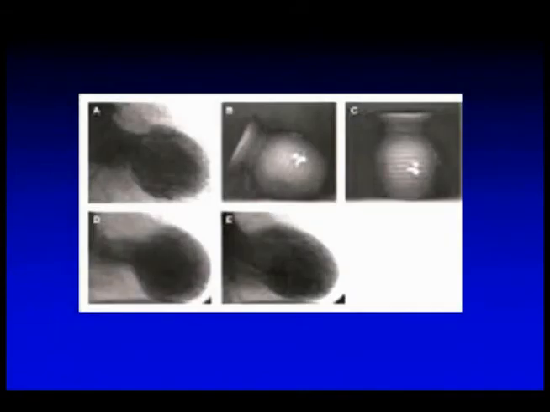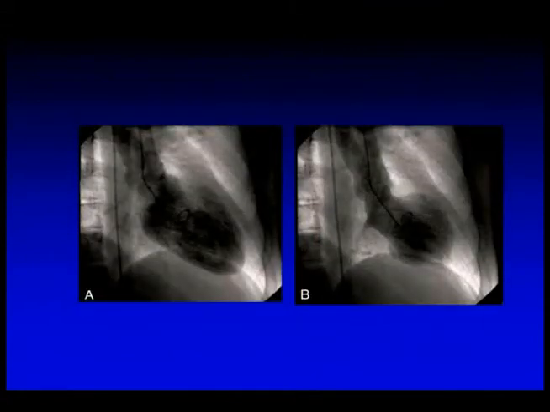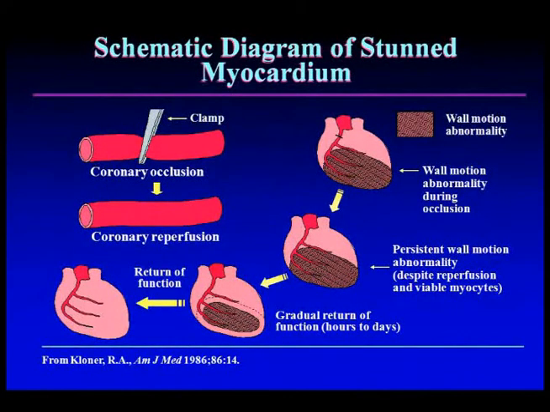One thing to keep in mind is that there are a number of reversible pathogenetic processes that can cause heart failure in your patient being admitted to the ICU. And these reversible processes are things you should keep in mind: first, does my patient have this? Do they have hibernating or stunned myocardium?